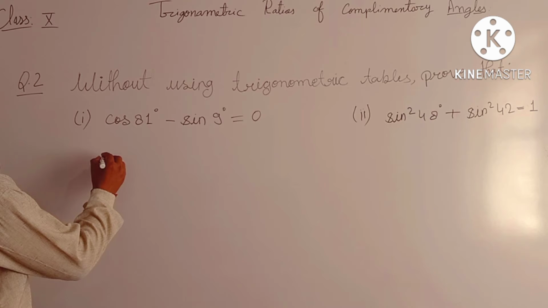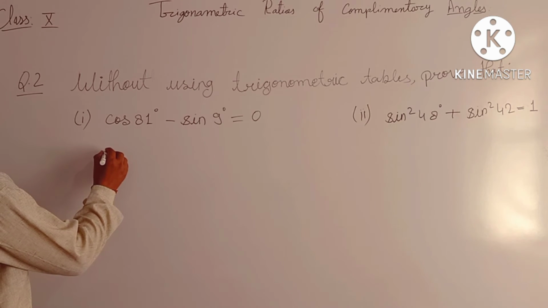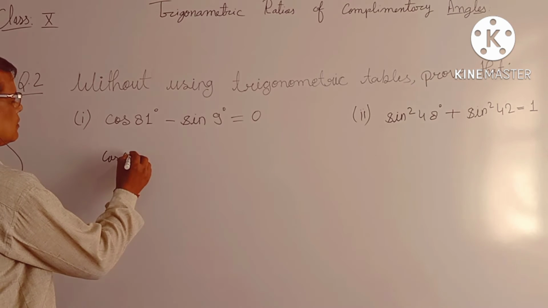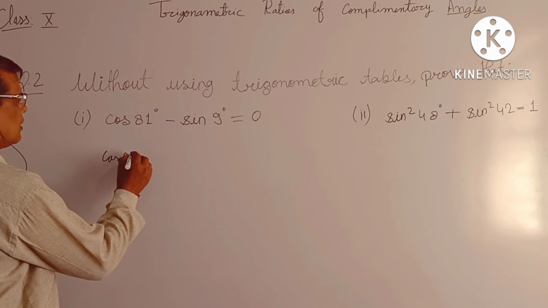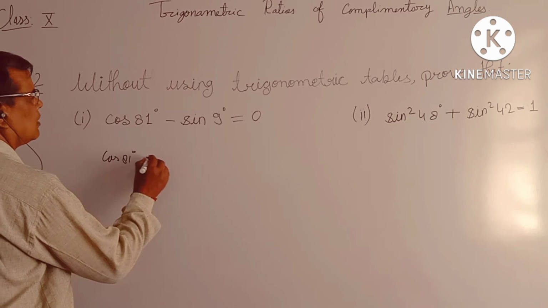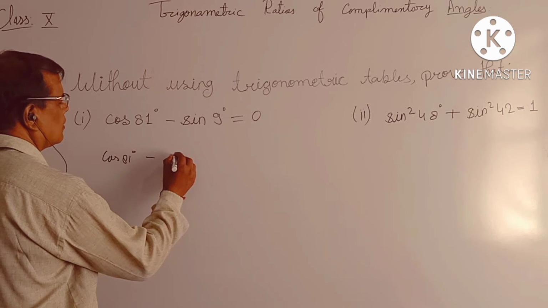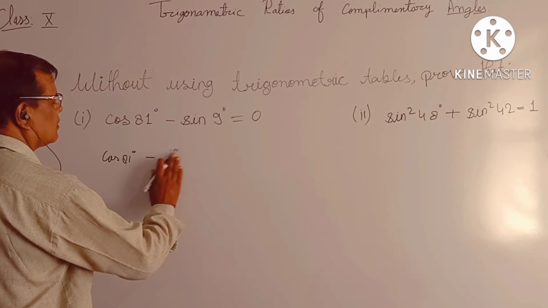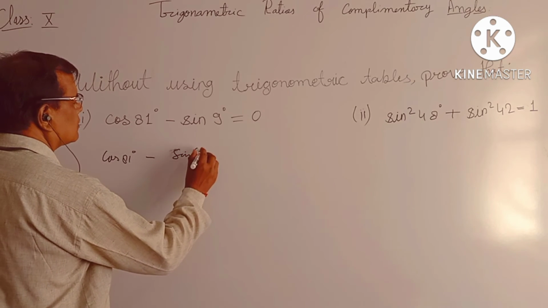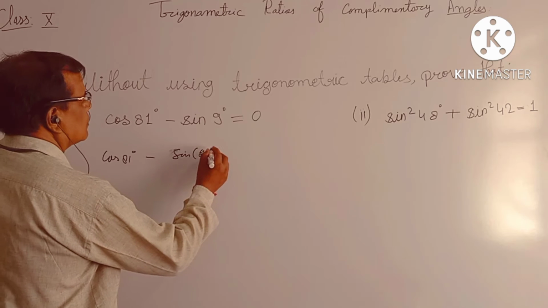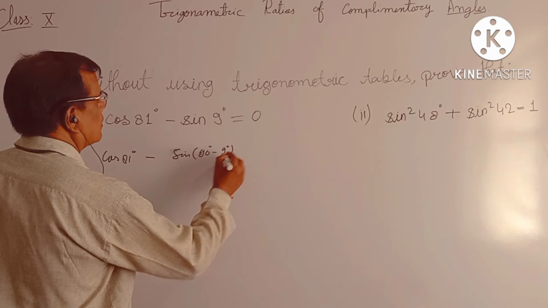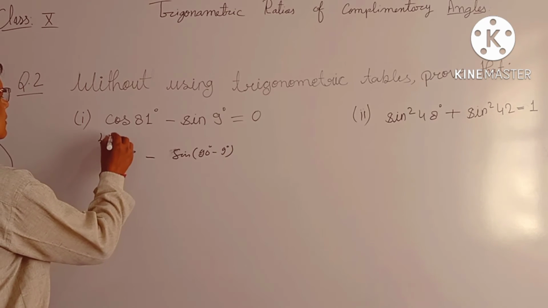We can write it as cos 81 degrees minus sin 9 degrees. Then we can write it as sin of 90 minus 9 degrees. Left hand side we have left.